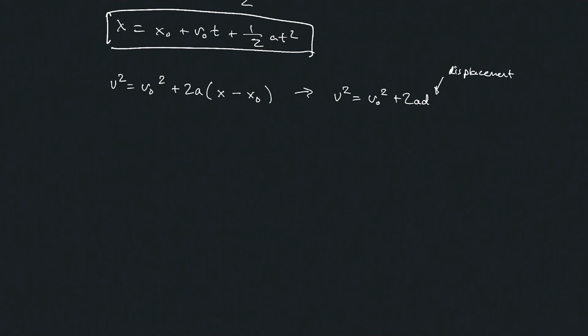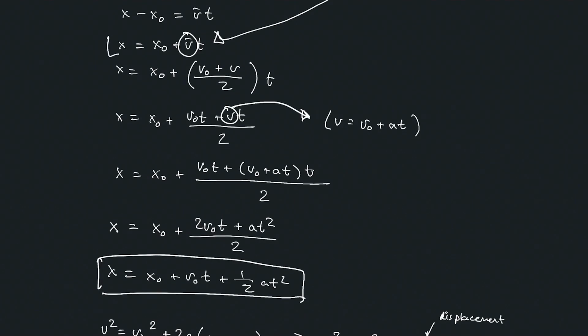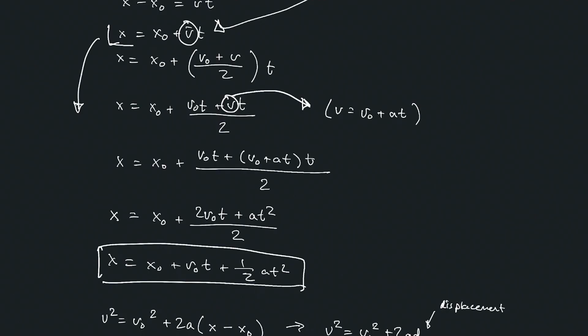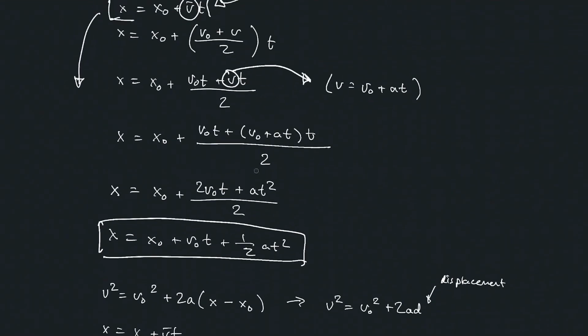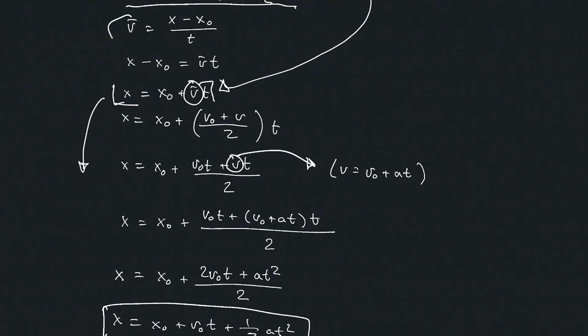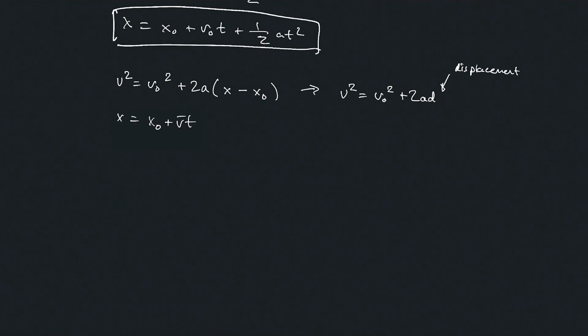Now, the way we're going to derive this is we are going to use the equation over here. We're going to use x equals initial position plus average velocity times time, which again we derived from the definition of average velocity. So we're going to write that out here: final position equals initial position plus average velocity times time.